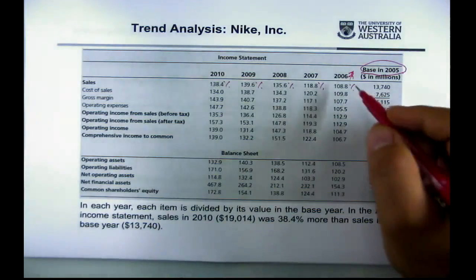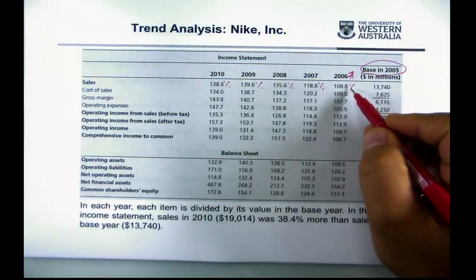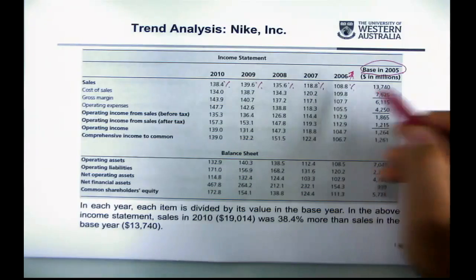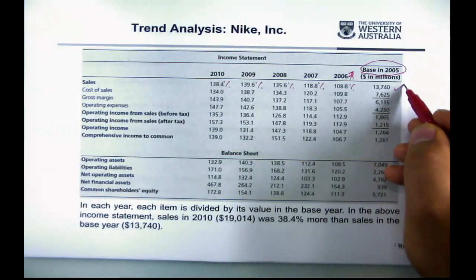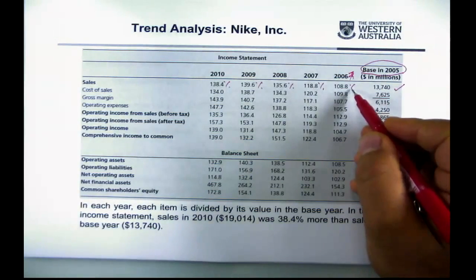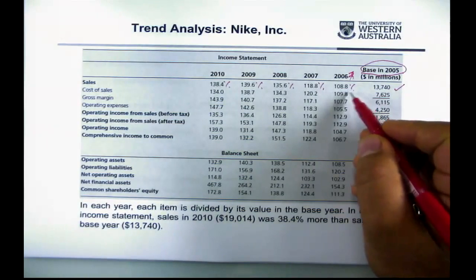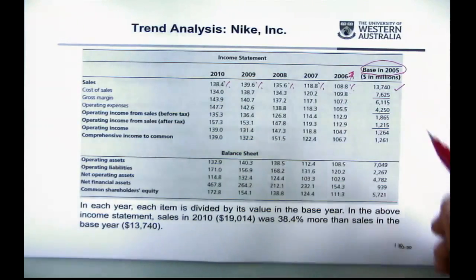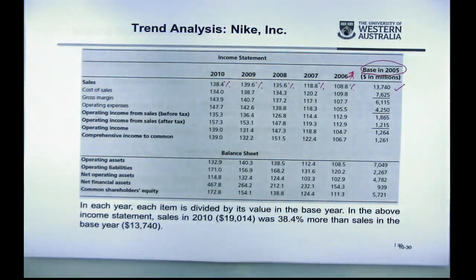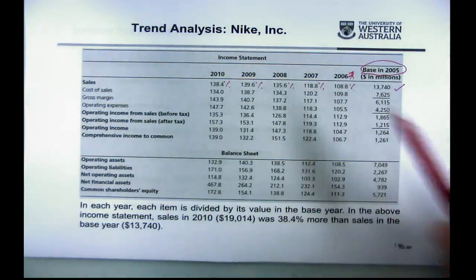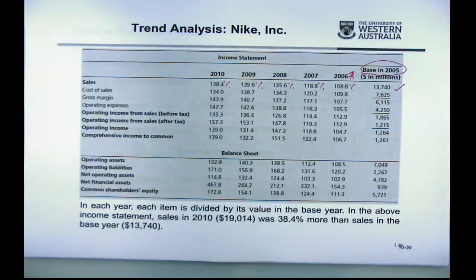So in 2006, we divide the sales figure in 2006 by the sales figure in the base year, and we multiply by 100%, and that gives us 108.8. 108.8 means that the sales figure in 2006 was 8.8% greater than the sales figure in 2005.